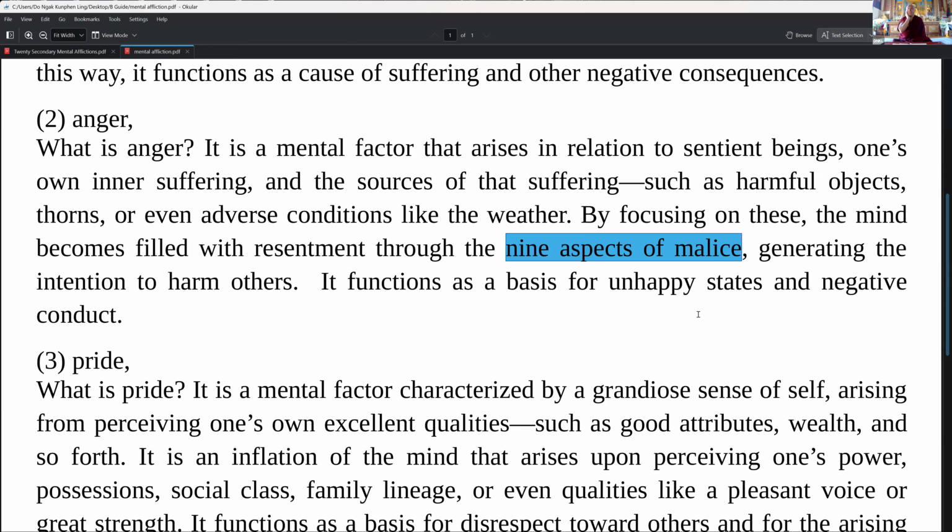Right? It is. So these are the 9 aspects of malice, continuously present. And at that moment, anger has harmful intentions. That makes the difference between anger and other states. Anger must have that kind of aspect or thought, that I want to harm them, right?